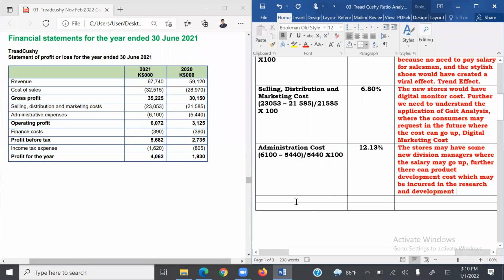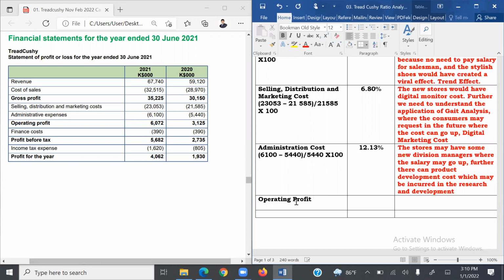So coming to the next one, students, it's going to be the operating profit, if I'm not mistaken. So let's do the operating profit change as well. That is 6072 minus 3125 divided by 3125 into 100. So students, if you do not mind, we can finish this off as well.